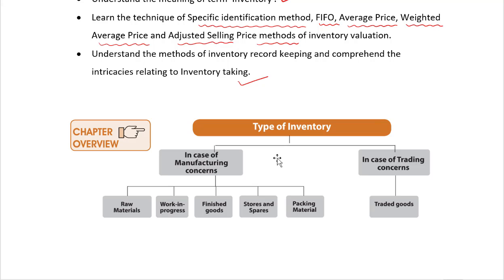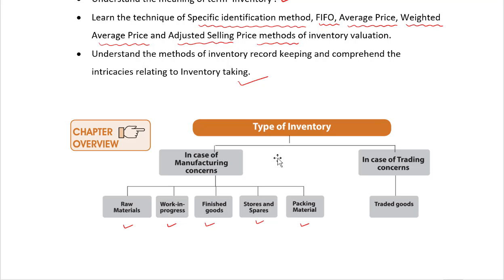Let us see a quick overview of the chapter. We have types of inventory in case of manufacturing concerns and in case of trading concerns. In manufacturing concerns, we have raw material, work in progress, finished goods, stores and spares, and inventory of packing material.